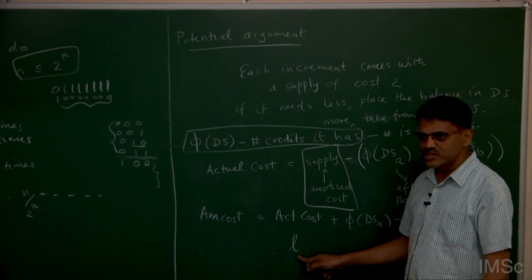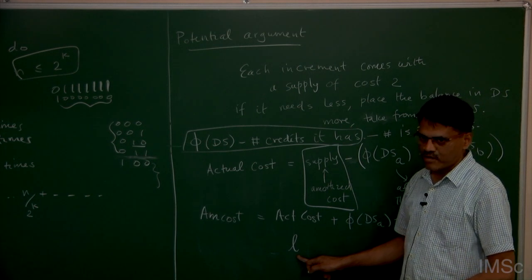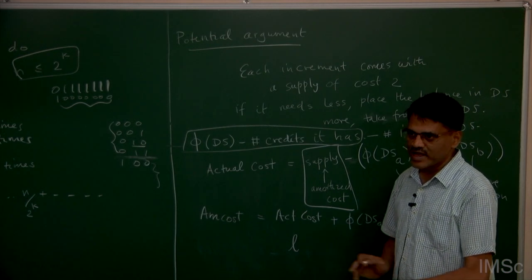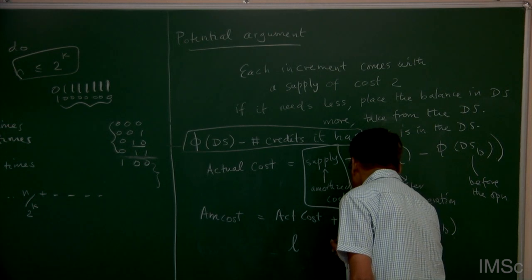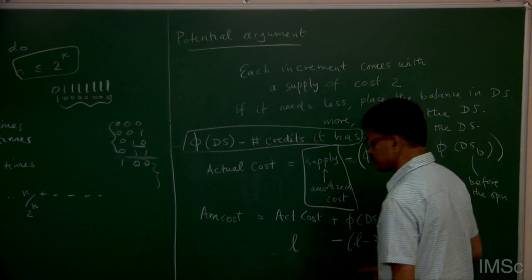So the number of ones has dropped by L minus 1. Not quite, because I'm also going to create an extra 1. So it's L minus 2.